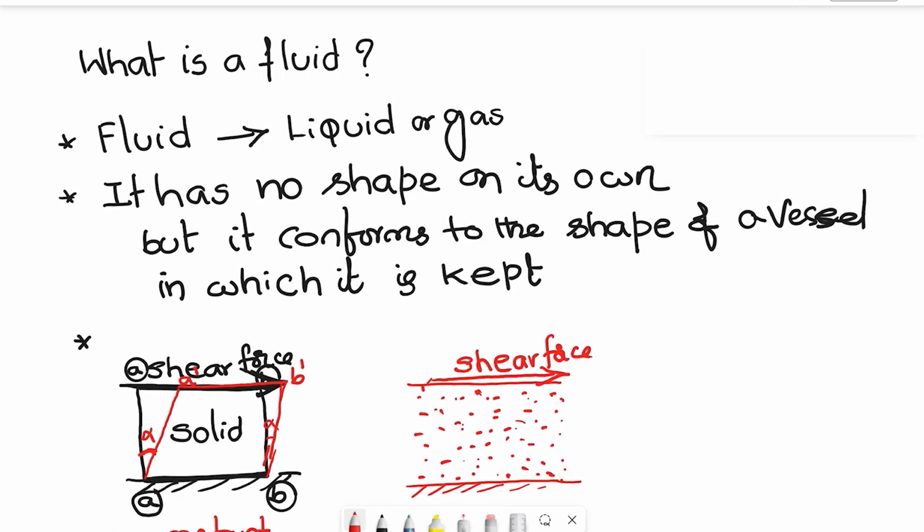Original thing is this AA, BB. The moment I have applied shear stress, the deformation has started. This is the deformation. As the time progresses, this deformation is also continuous with the time.